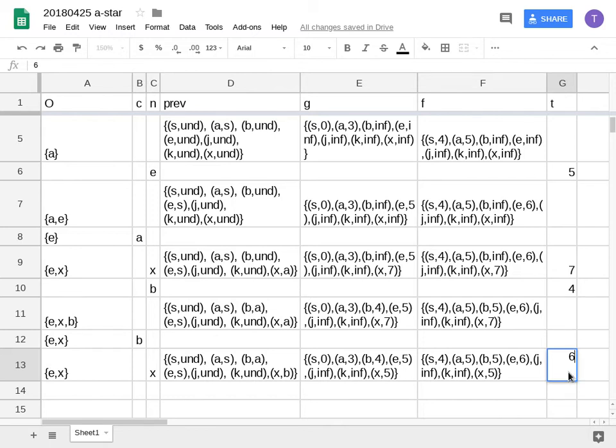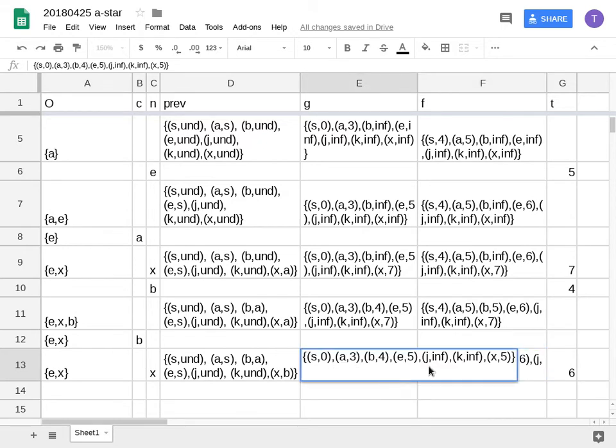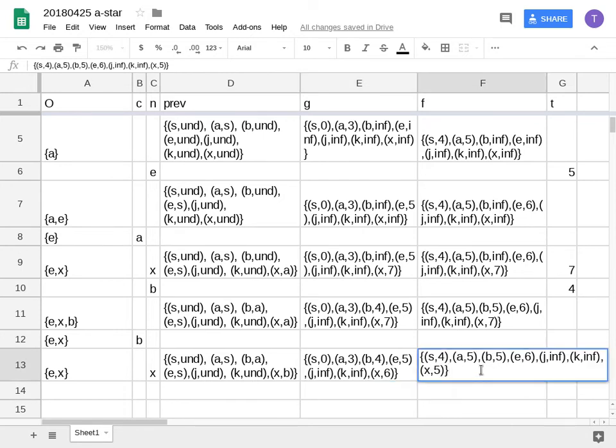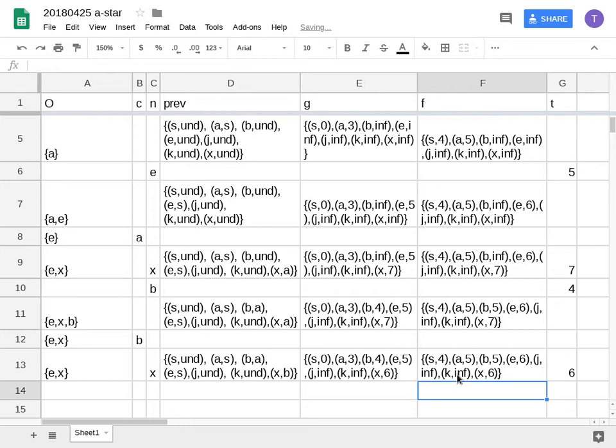This is supposed to be 6. So this is going to be 6 here, and this is going to be 6 here. There we go. Okay. So I think we have found the shortest path already.